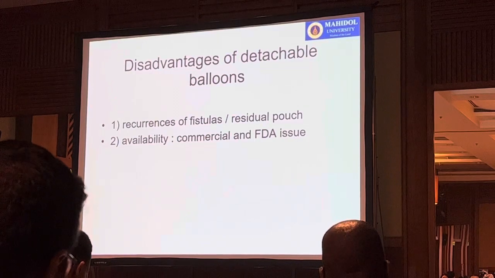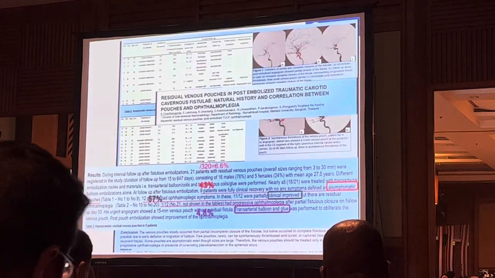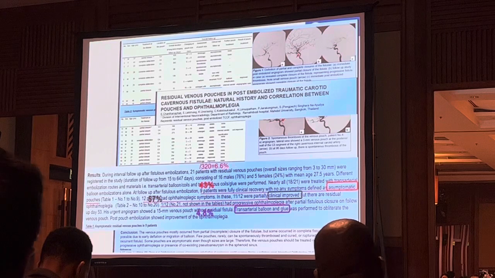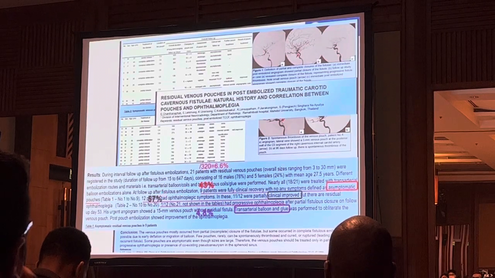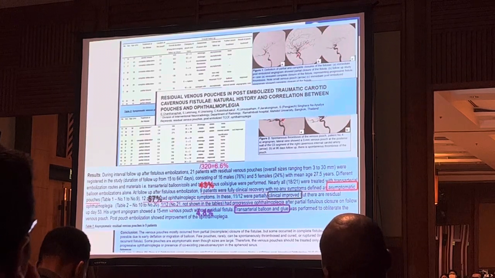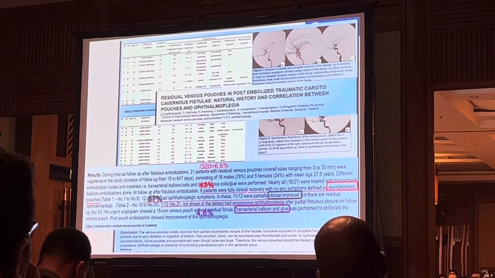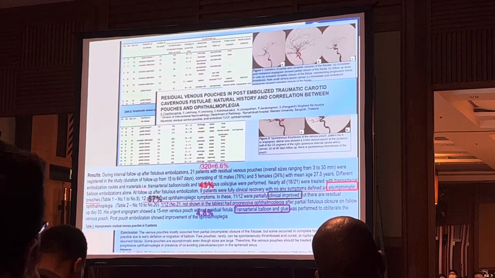So lastly, residual pouch. We were looking at our residual pouch during those 300 cases. The first one, by that time we had 6% of residual pouch. And nearly 45% are asymptomatic and not growing. And 57% slowly clinically improved with that residual pouch.